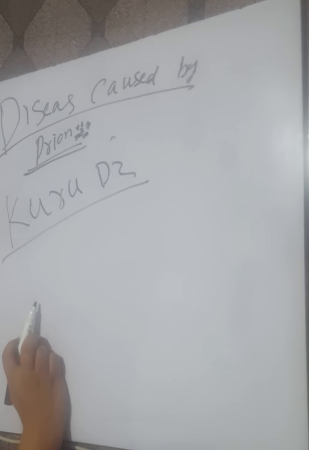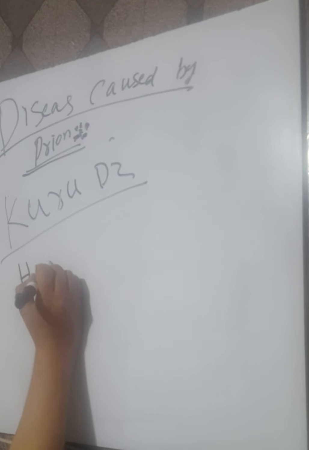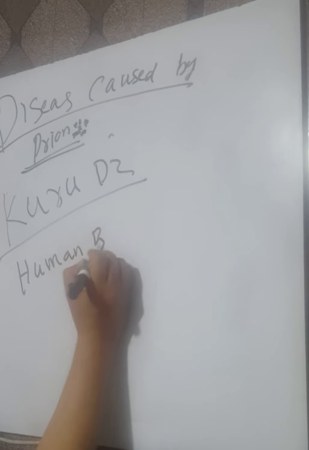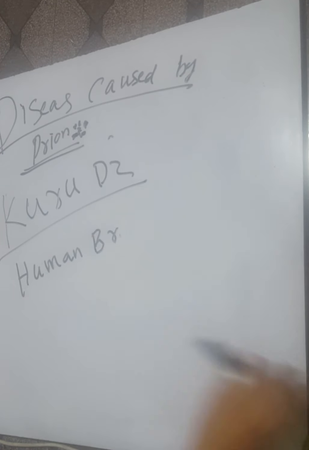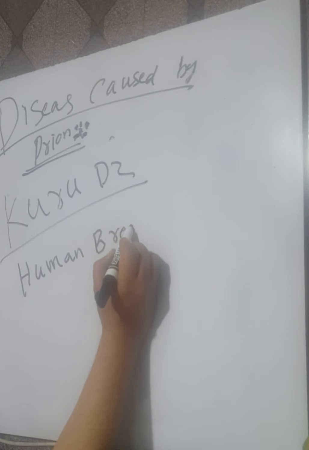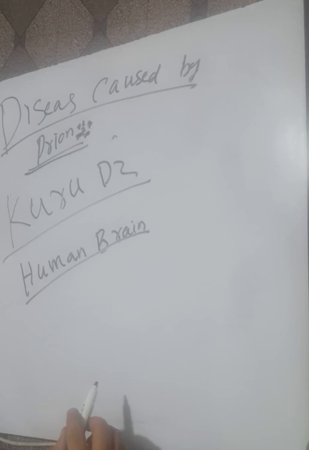Kuru disease is caused by prion due to the consumption of human brain. When a person eats the human brain that may contain the prion, this prion accumulates and causes the disease called Kuru disease.